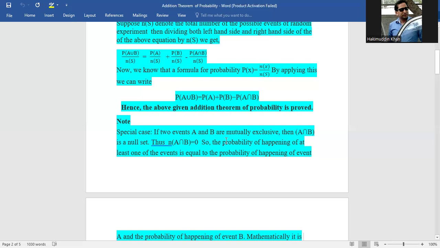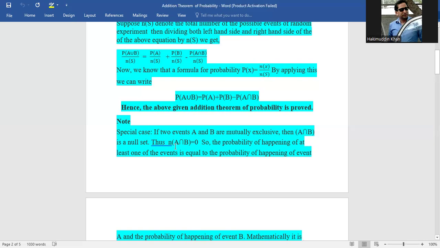So if two events A and B are mutually exclusive, then A intersection B is a null set. I hope everybody knows what a null set is. The definition of a null set is the set having no element.